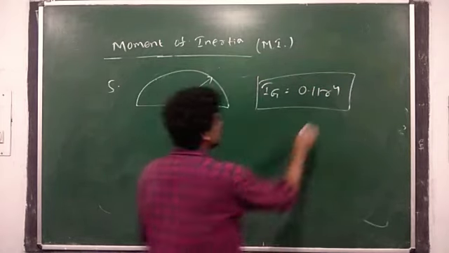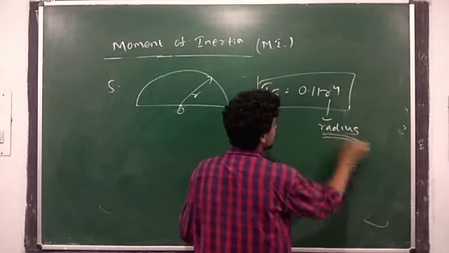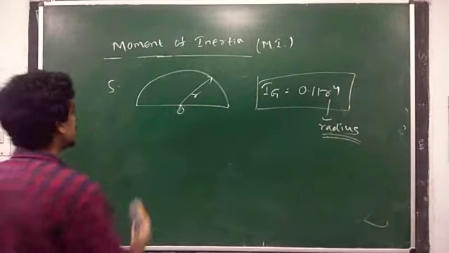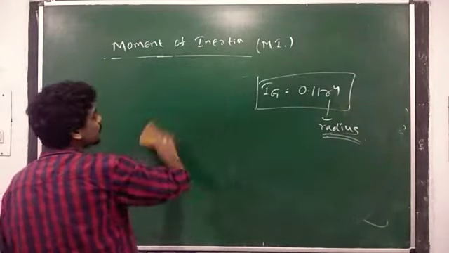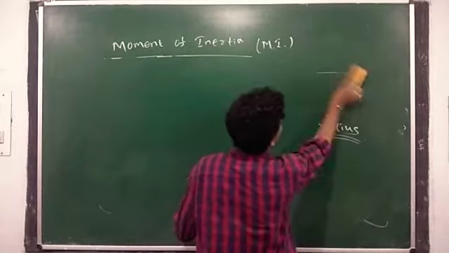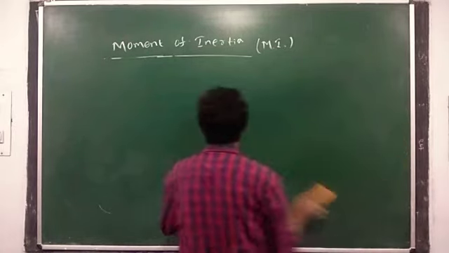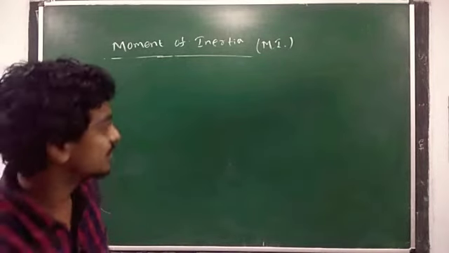R is the radius here. This is not much use, but still remember this for case of semicircle. Mostly it will be used for circle, rectangle and triangle. Circle may be solid or hollow circle.